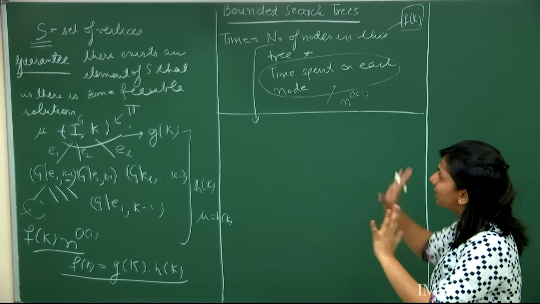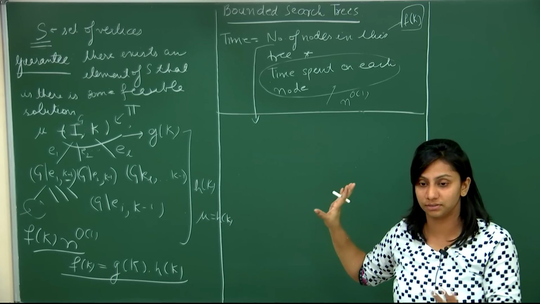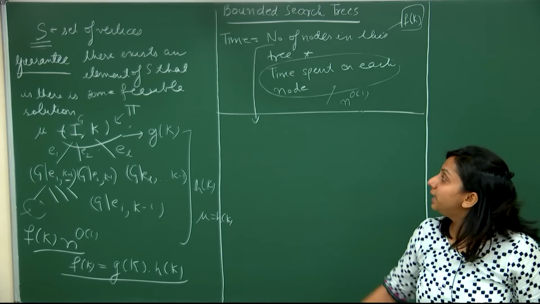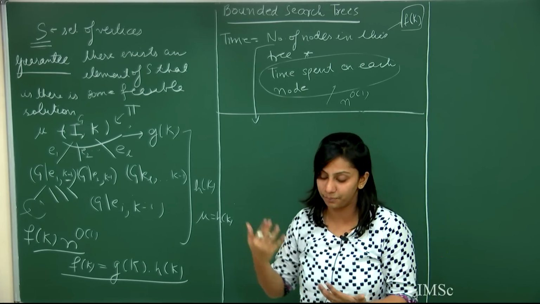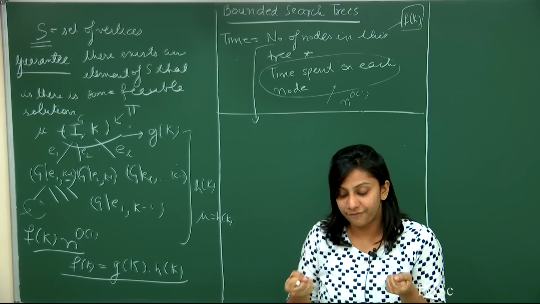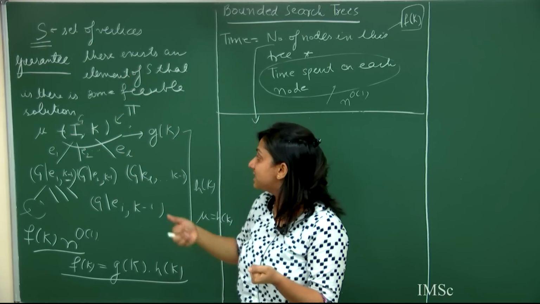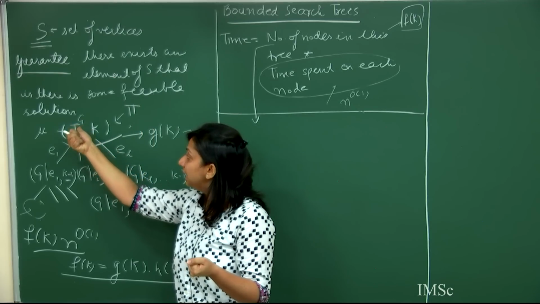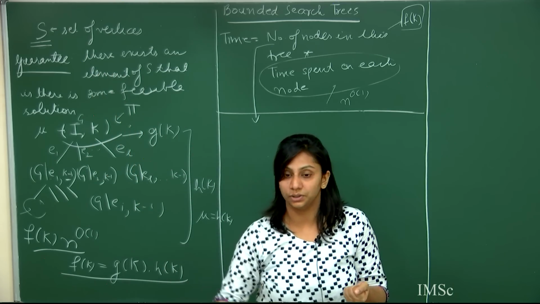And this is pretty much all about this technique of bounded search trees. So you have a problem to solve. In polynomial time, you try to find this set S of vertices. I'm talking about graph problems. I have an instance G comma k, and I find this set S for this instance. The property of that set S is that for any solution to whatever problem we're trying to solve in G, there is an element of S that is definitely there in some solution.